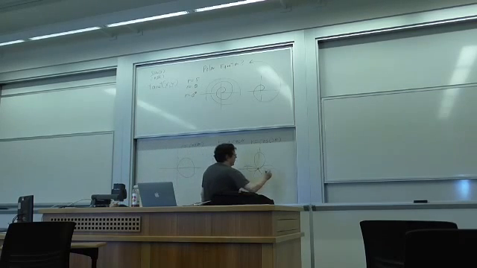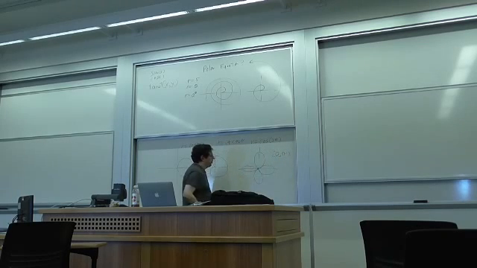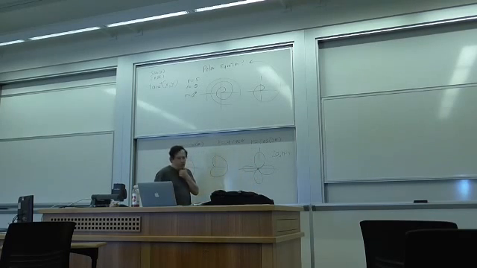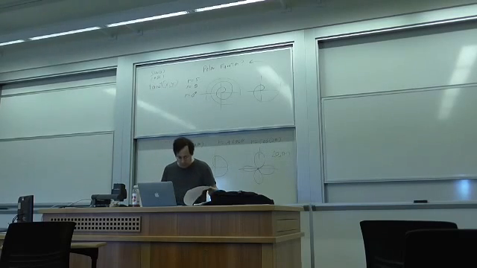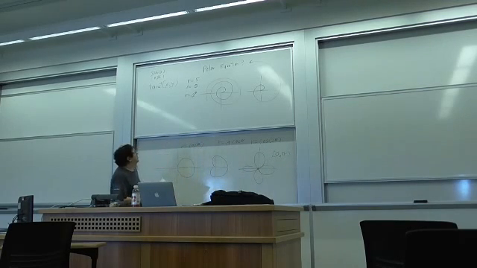So if you just said, say, theta from 0 to pi, you would just get a part of this. You actually have to go around and around and around and around. All right.